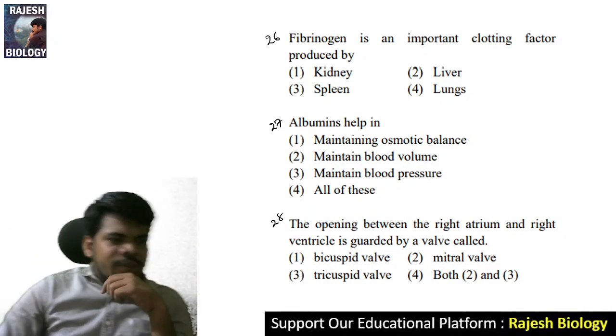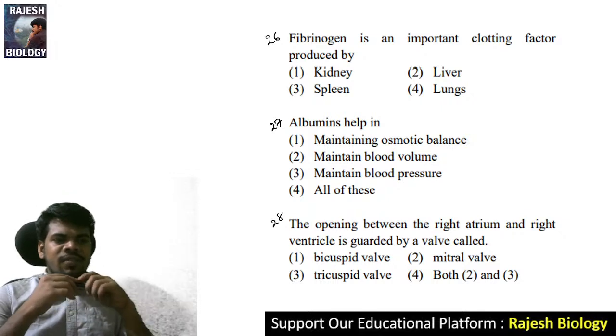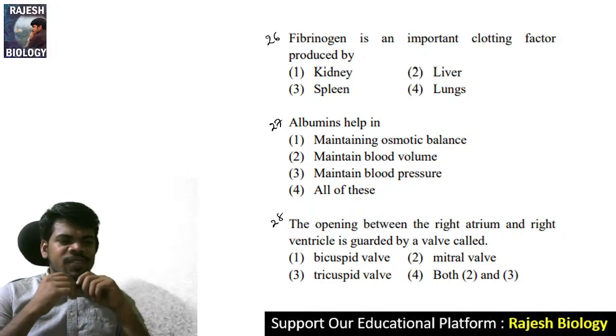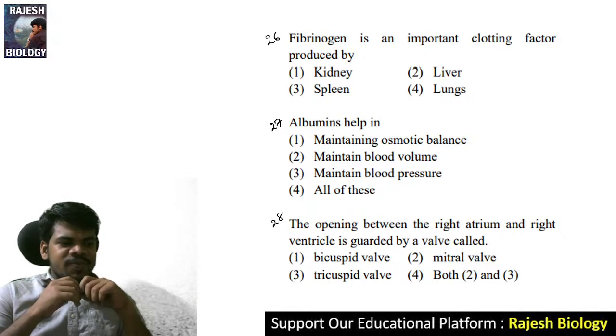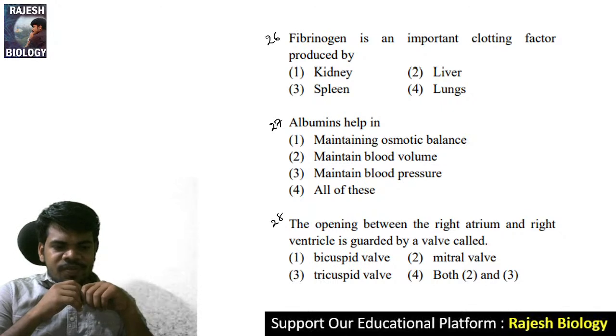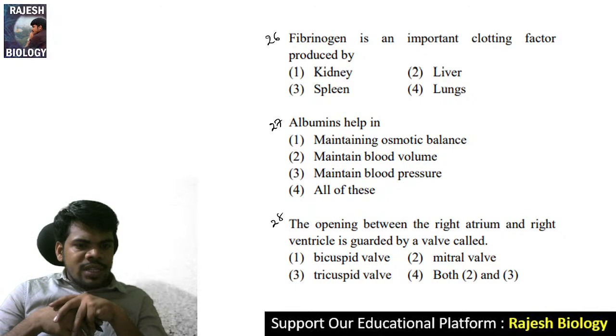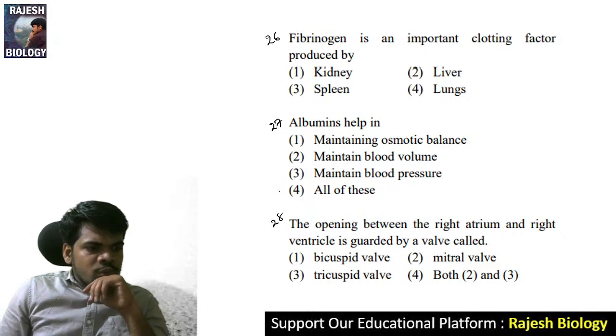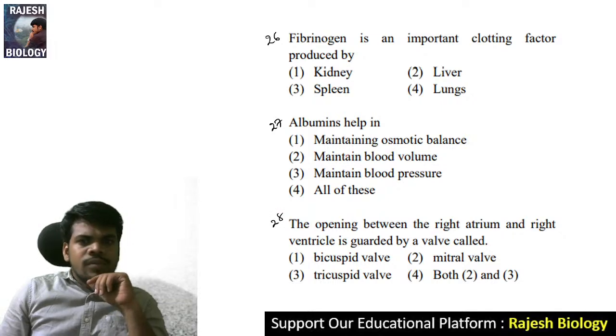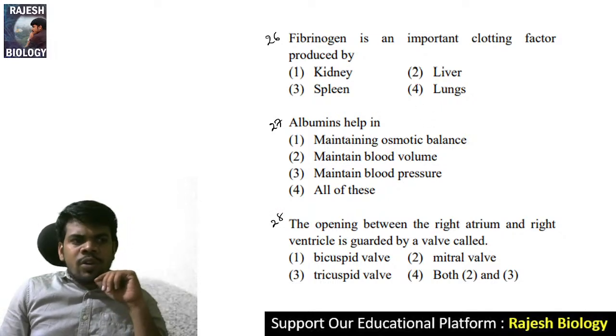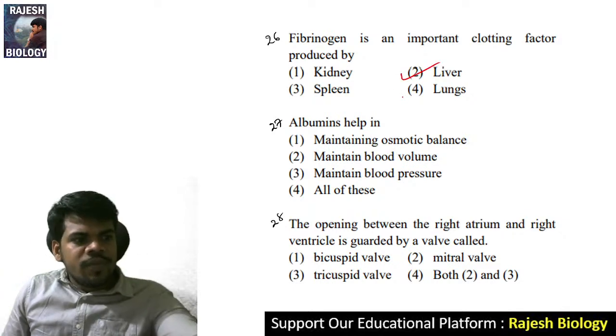Nellore district, okay. Thank you. From Nellore, one student is there in our app. Yes, AP. 26th question, so you are a first year or second year student? The right answer is 2. Who says? Saujanya and Jnaneshwari. Perfect. Liver. Fibrinogen is an important clotting factor produced by the liver.